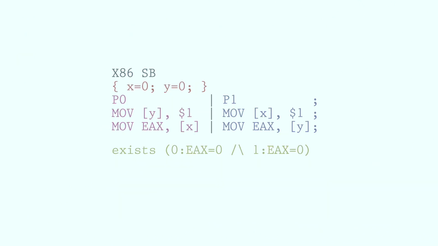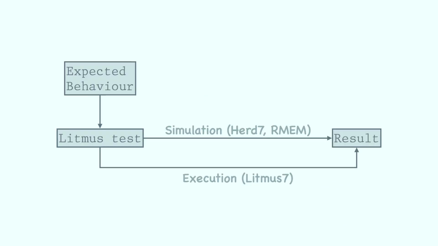And litmus tests are designed in such a way that they can be read by various pieces of software, so they get munged into a textual representation that looks kind of like what I showed you before, but is slightly more ASCII. So, once we have a litmus test, what do we do with it? Well, we have a choice.